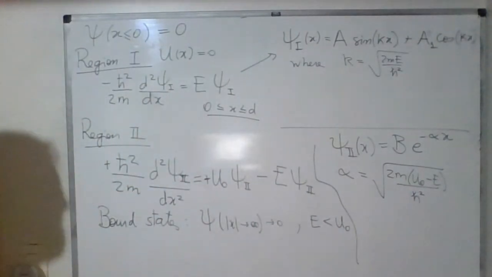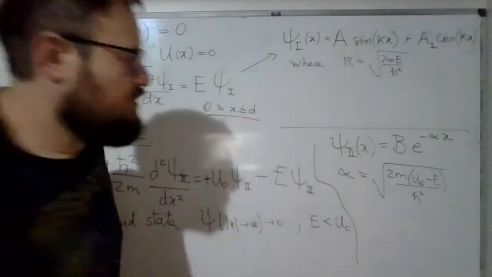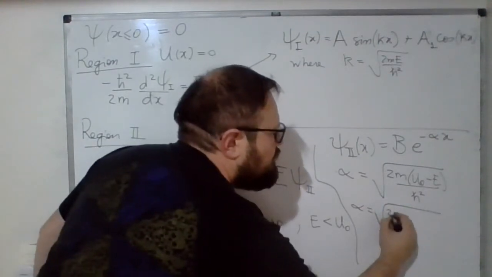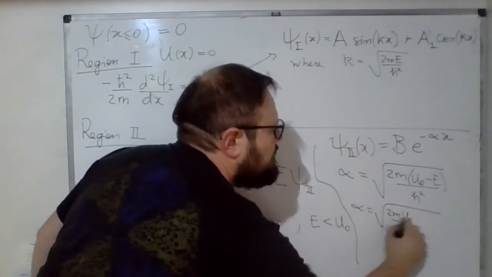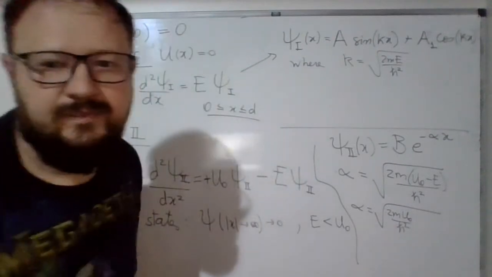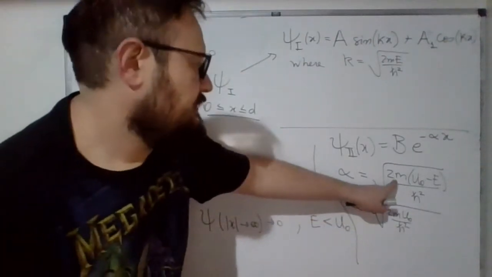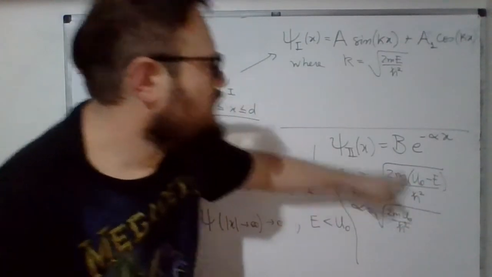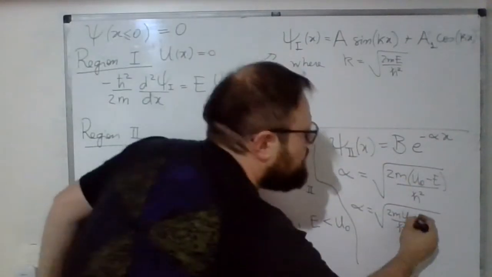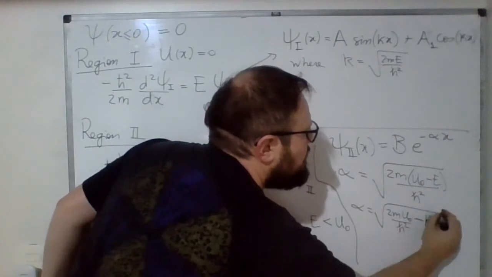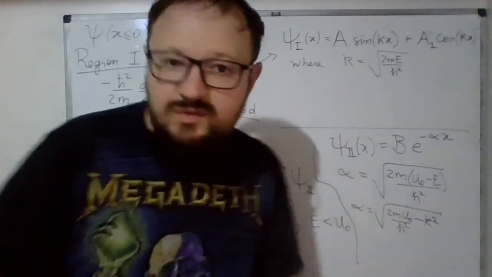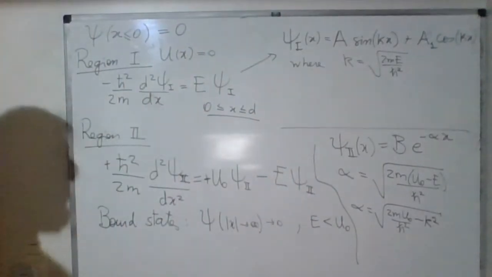Notice that you could write this alpha squared as 2 times U0 divided by h bar squared, minus twice the mass times E divided by h bar squared, which is just k squared, minus k squared. Notice that alpha and k are related to each other.